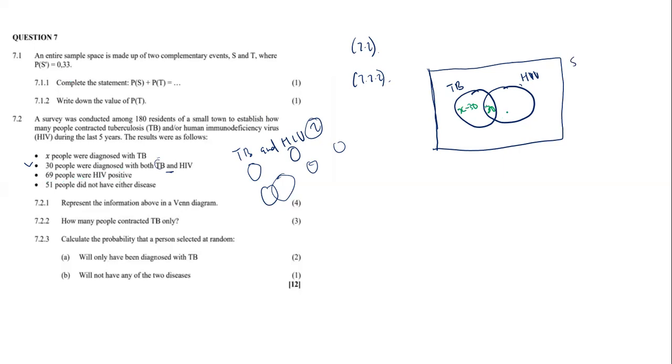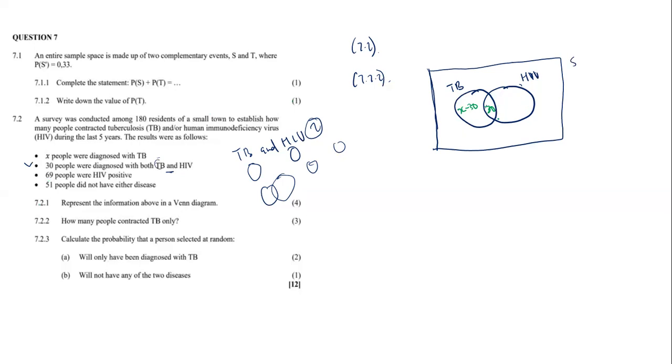As long as you have HIV, you fall in this circle of HIV. There are 69 people suffering from HIV, but how many are suffering from HIV only? Not HIV and TB, HIV only.